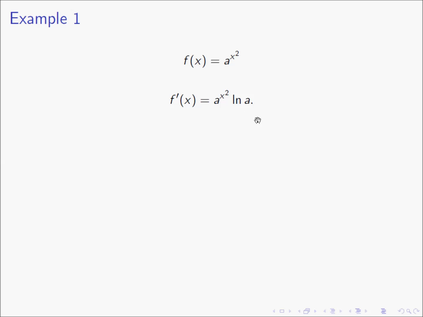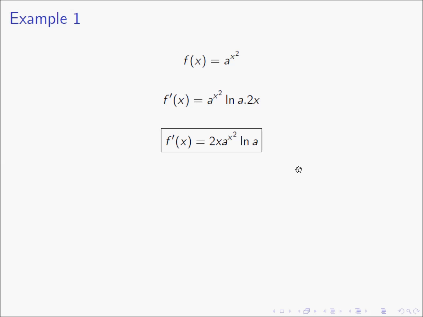And now we multiply by the derivative of the inner function. The inner function is x squared. So we multiply by 2x. We can write the answer like this, and that's the answer.